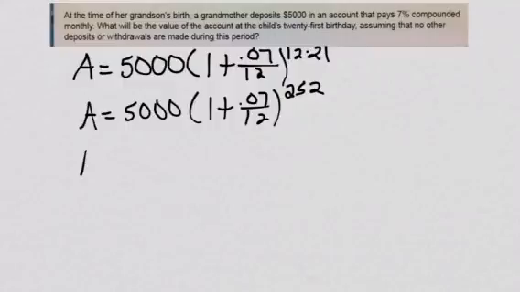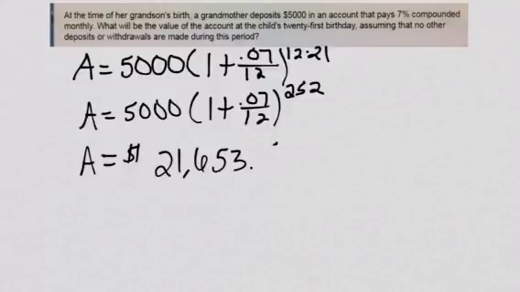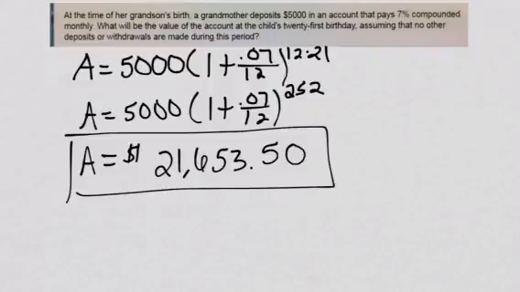And when we do that, we get a future value of $21,653, and again we're rounding to the nearest cent, so that gives me 50 cents. Alright, so that's my future value.